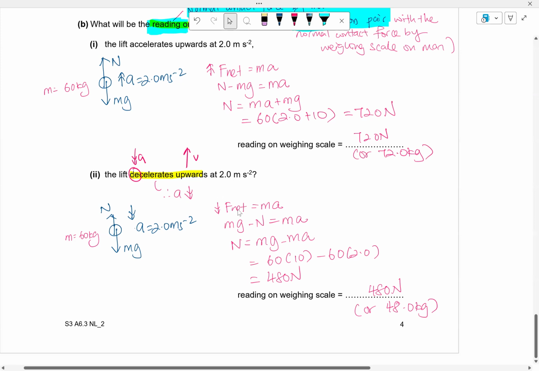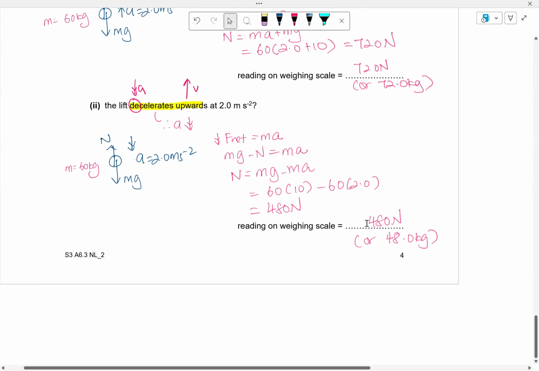Net force is in the same direction as acceleration. So now net force is mg minus N, and that causes ma, right? a is again 2 meters per second square. From there, you can calculate the reading is 480 newtons.